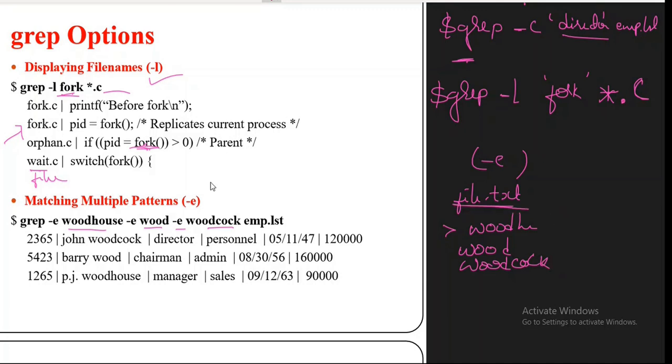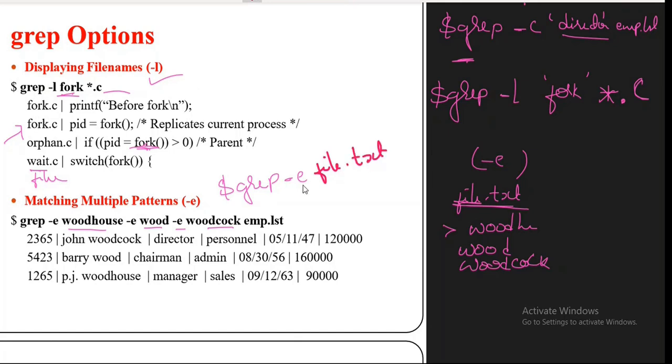Okay, in a single command you can write grep minus E, then emp list. You can give any file name here. Sorry, here I have given the input file name as file.txt.